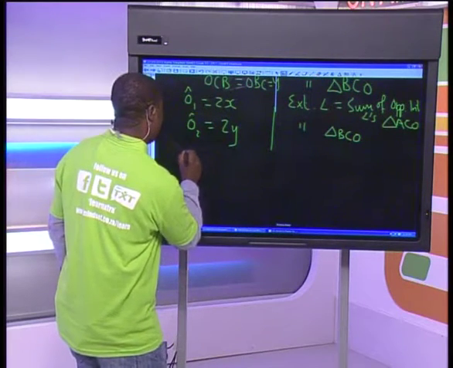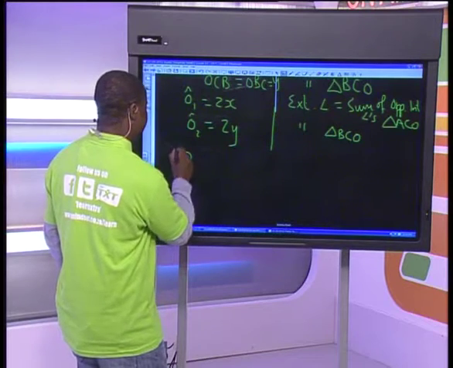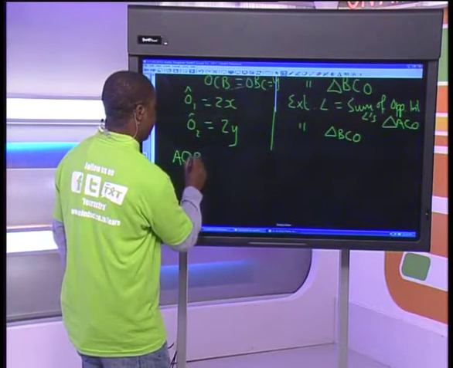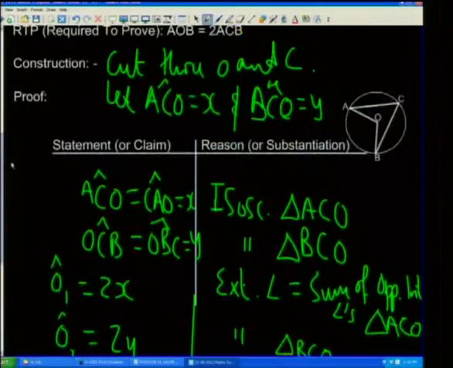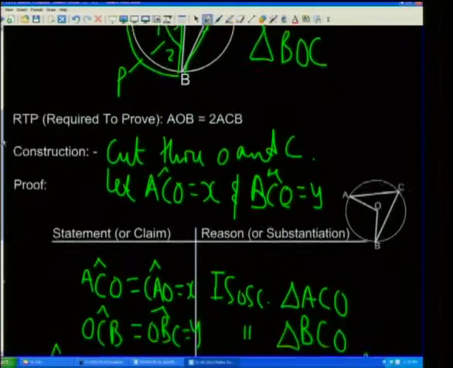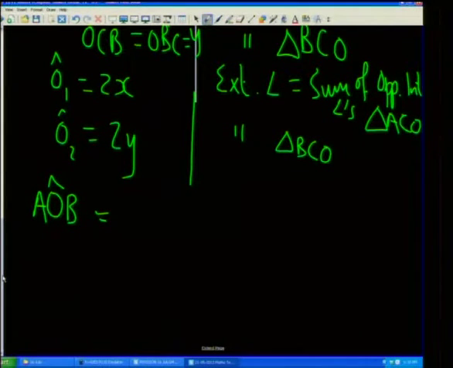If we say angle O, which is at the center, I think we said AOB. Just check that. AOB, yes, it's a central angle. AOB is equal to, okay, we said earlier on that O1 is equal to 2x, and O2 is equal to 2y.